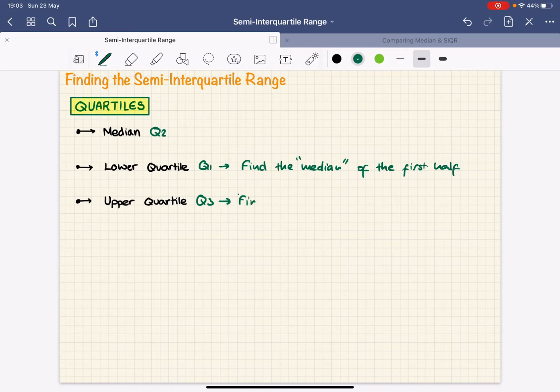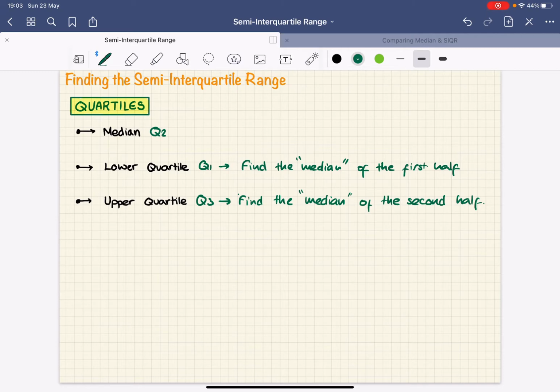You want to find the median of the second half. And once we've got that information, we can start working towards finding the semi-interquartile range.